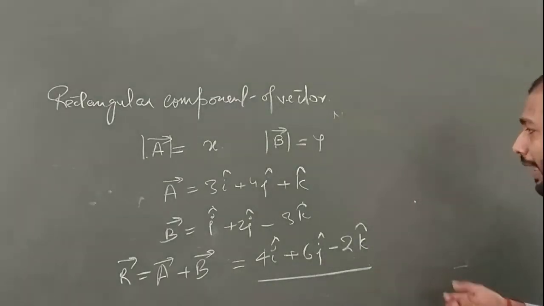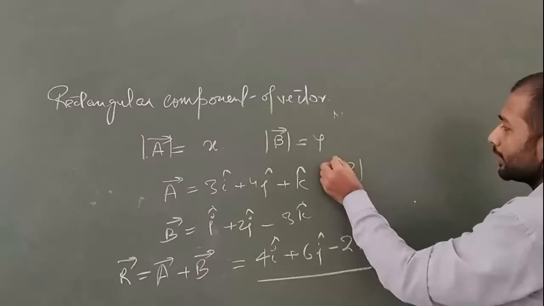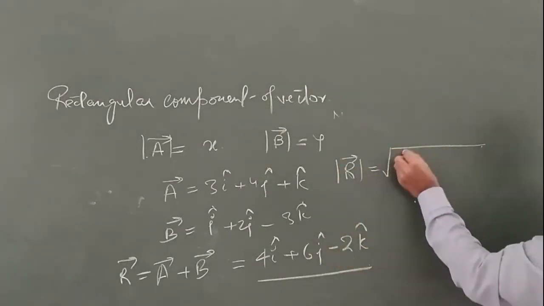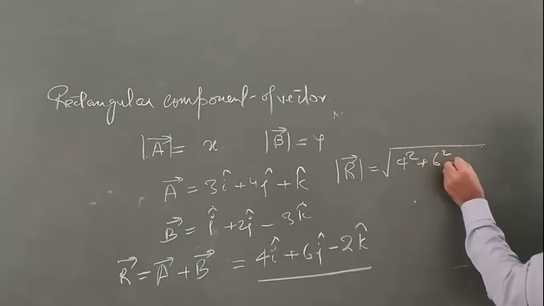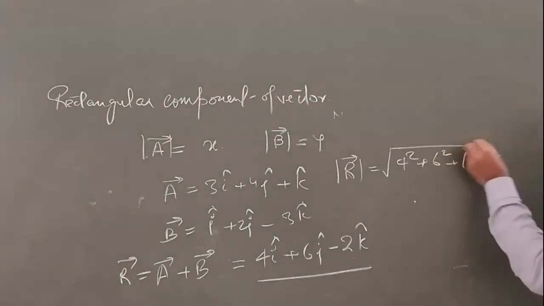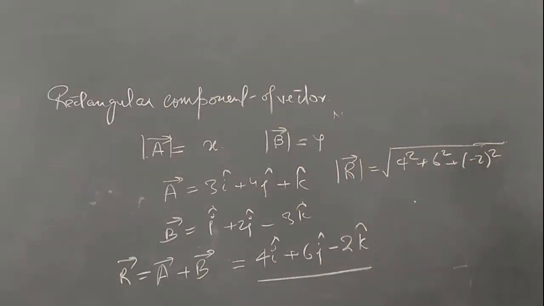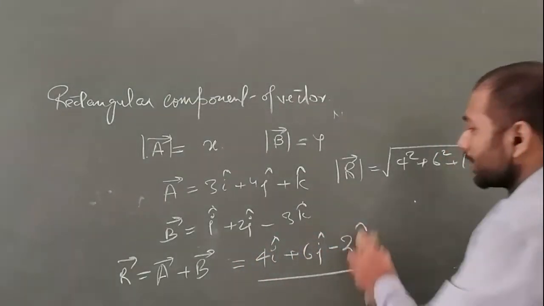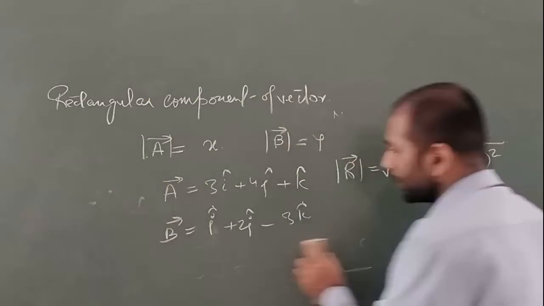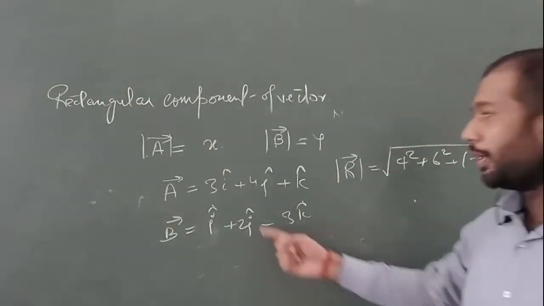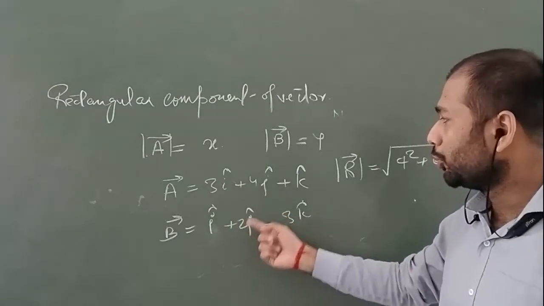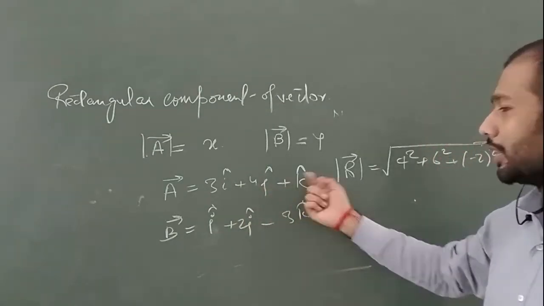And if I ask you the magnitude, then you simply take out the magnitude given by the 4 square plus 6 square plus minus 2 whole square. This will give you the magnitude of this resultant. Now similarly, if I ask you what is A minus B, you can again calculate it simply by subtracting the 1 from the 3, 2 from the 4, and minus 3 from the 1.